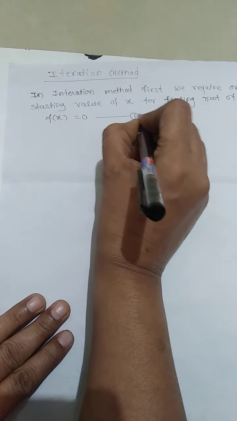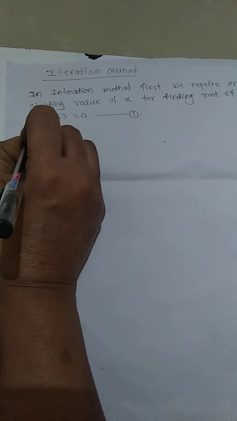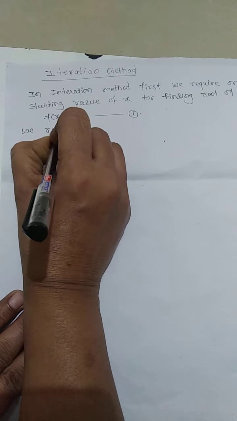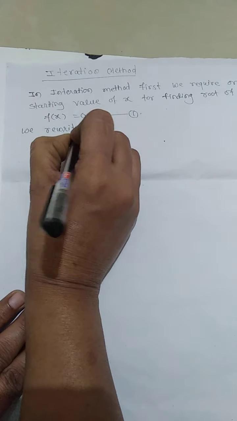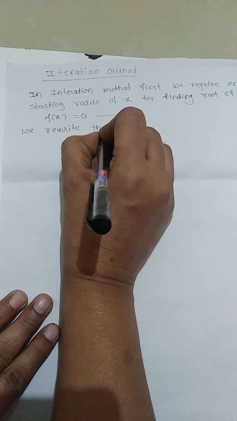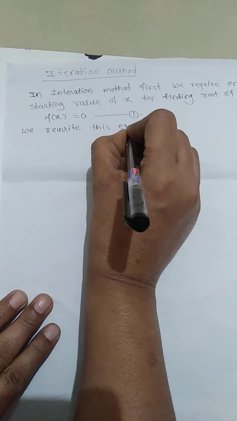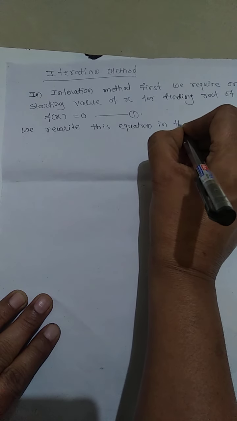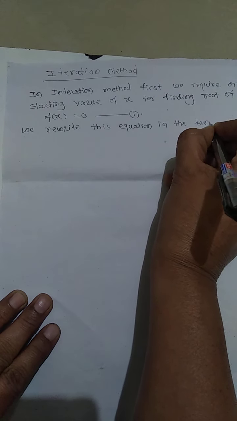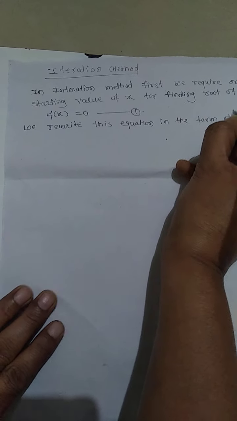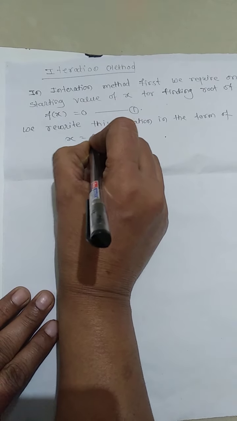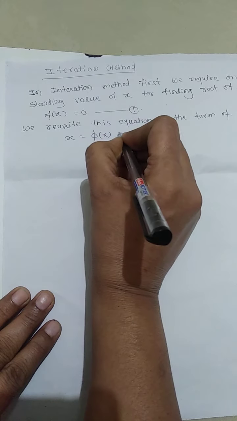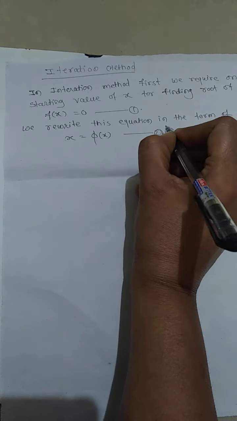This is equation 1. We rewrite this equation in the form of x is equal to phi of x, that is equation 2.